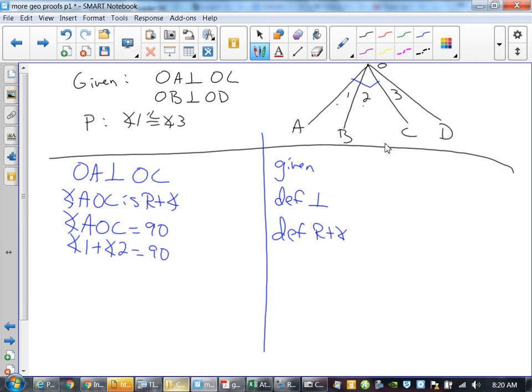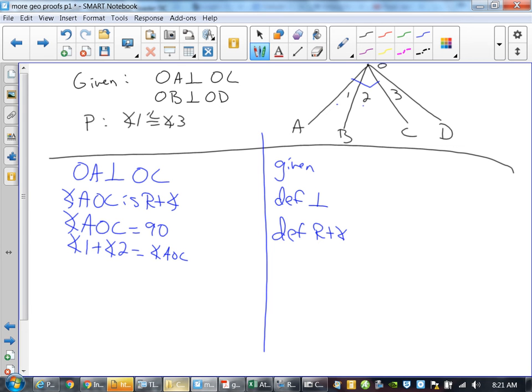What's the reason? Well, I forgot the step here. You were right with the substitution. I forgot to say that it was that first. AOC is made up of that.